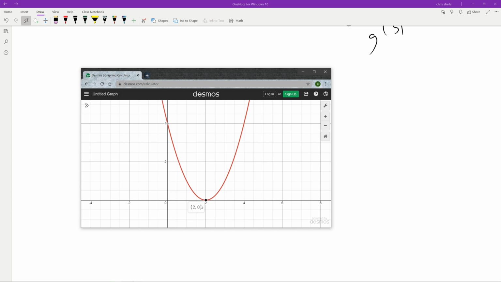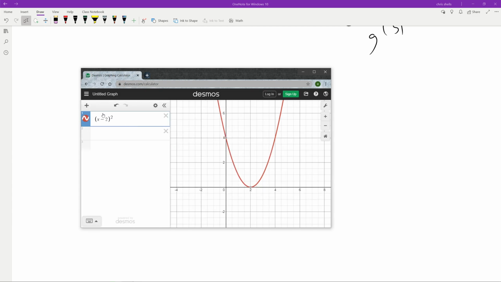So even if I hadn't seen this equation, I could tell that this is going to be shifted to the right 2 units. So I should have x minus 2 quantity squared inside of these parentheses here. Instead of having just x being squared, I replaced the x with x minus 2 in order to shift this graph to the right 2 units.